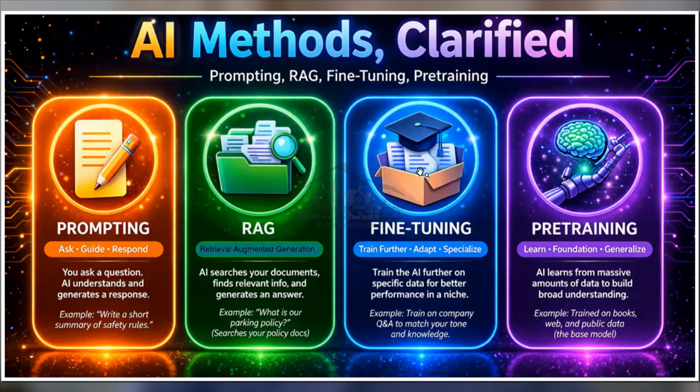You provide the model with the specifications, the drawings, the laws, bylaws, and all of that. You provide a massive amount of data to build a broad understanding of what you're going to be looking for. And these are the most common AI methods: prompting, RAG, fine-tuning, and pre-training.